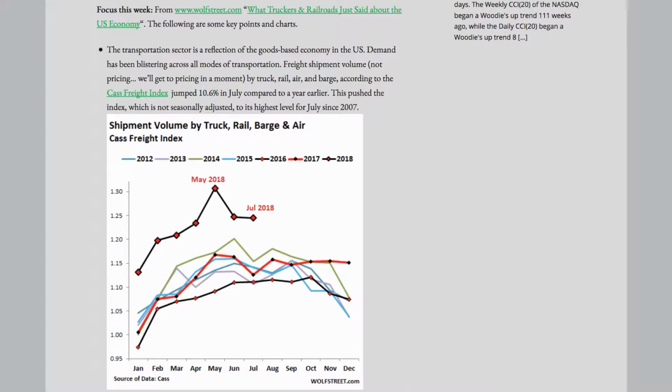Freight shipment volume, not pricing, we'll get to pricing in a moment, by truck, rail, air, and barge, according to the Cass Freight Index, jumped 10.6% in July compared to a year earlier. This pushed the index, which is not seasonally adjusted, to its highest level for July since 2007.